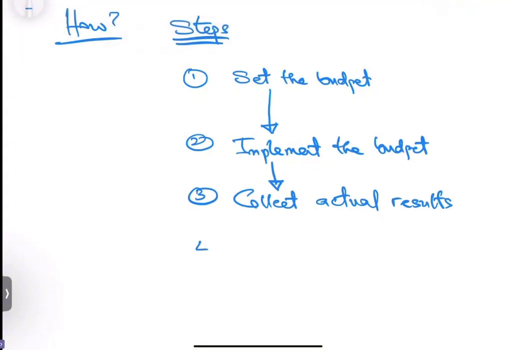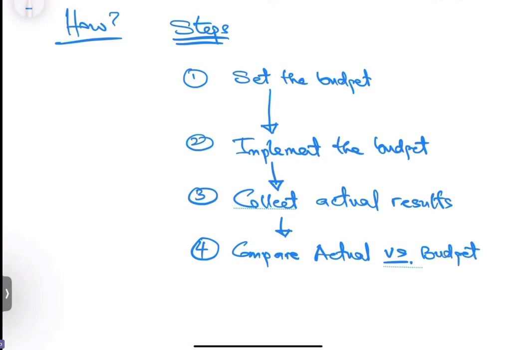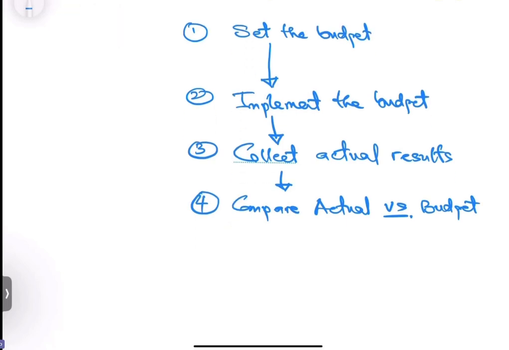Once we know the actual, then we can compare our actual and the budget. So we'll compare actual versus budget. You can see this budget control process, because we want to measure performance.